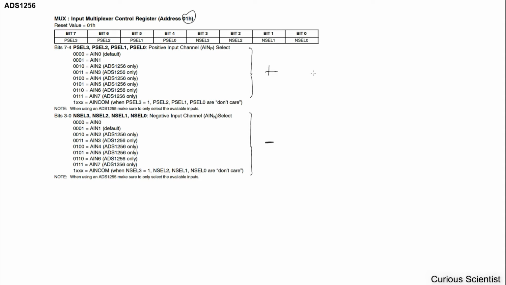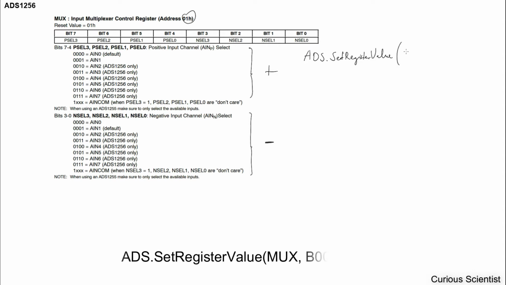So when you set up the value in your code, you will have to send a number to the register, which happens with the ADS.setRegisterValue function. So I just write it down. ADS.setRegisterValue, and then here we set up the multiplexer, so MUX, and B, and then we have 8 digits.